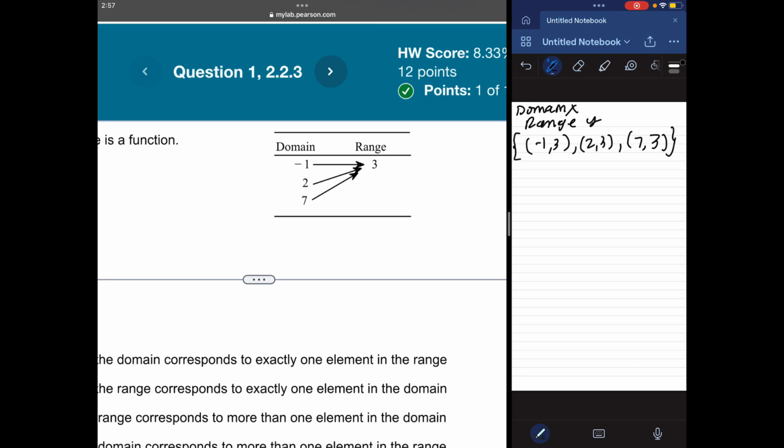This defines itself as a function because we have 1x to 1y. That means an x has to go to 1y. You can't have x's going to more than 1y.